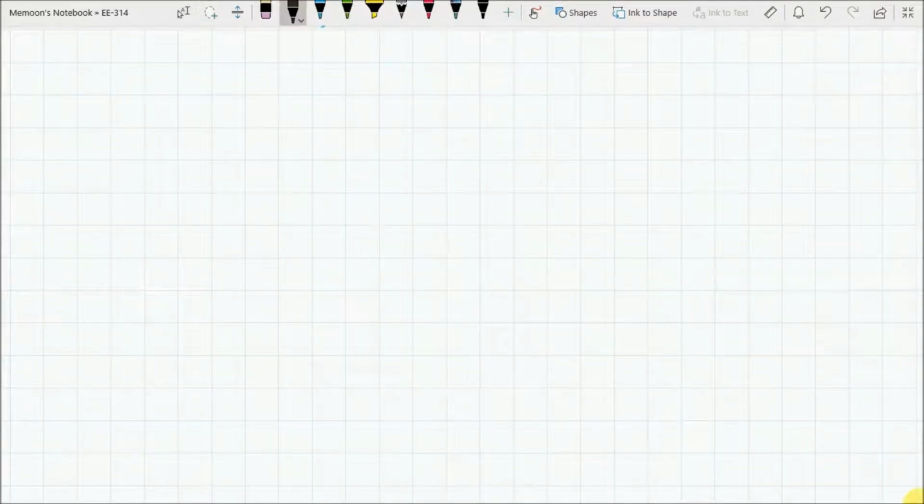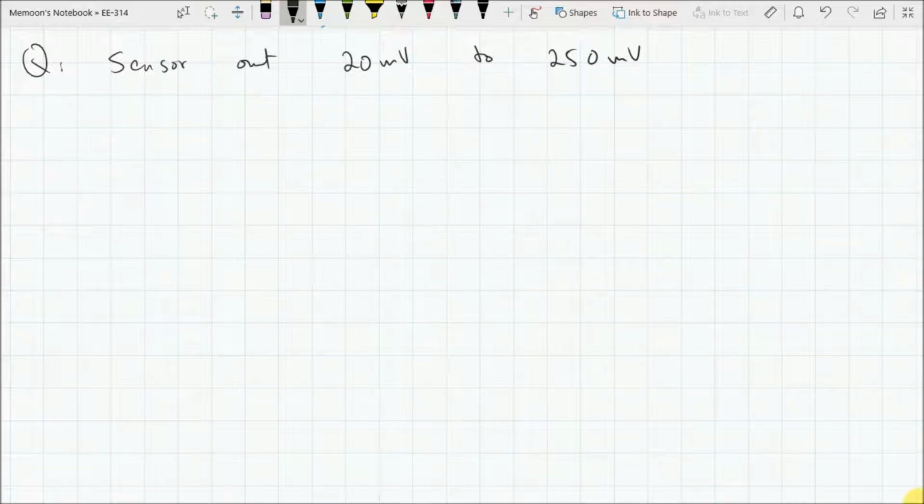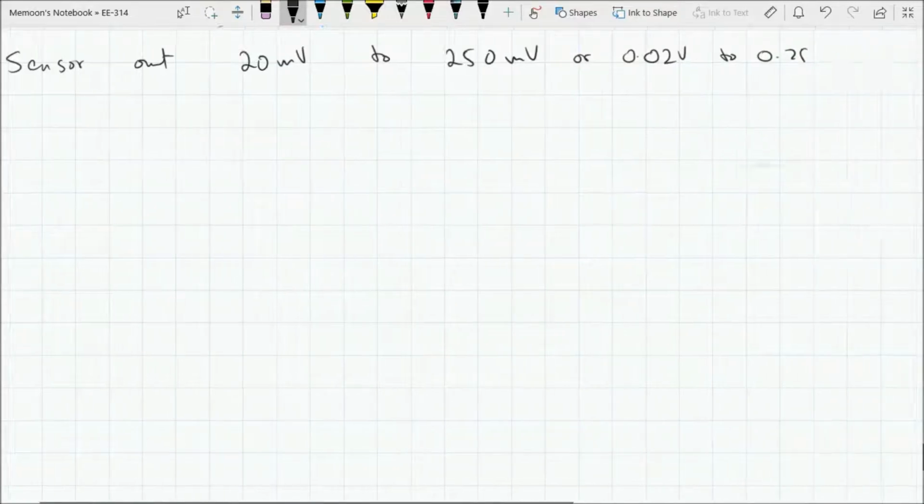The statement of the question is that the sensor output is in terms of voltage, and that ranges from 20 millivolts to 250 millivolts, or you can say 0.02 volts to 0.25 volts.